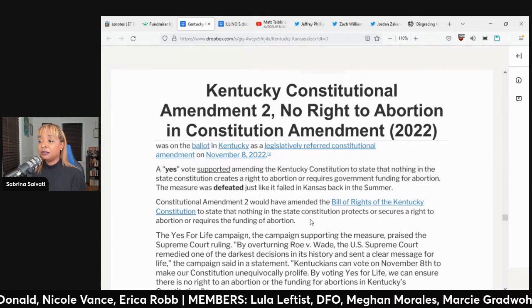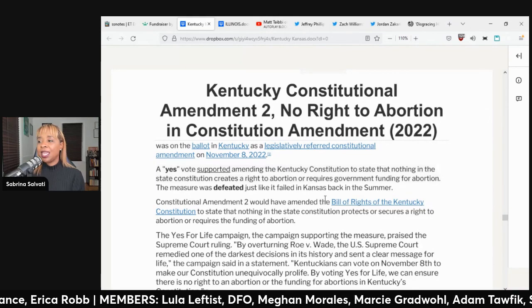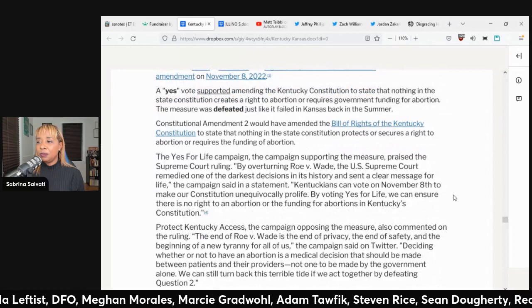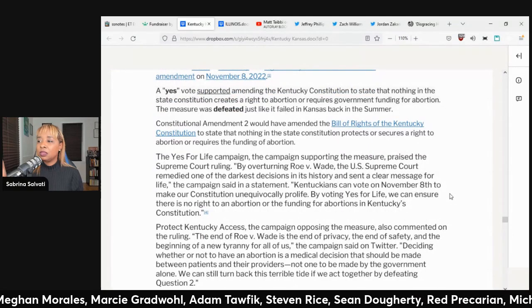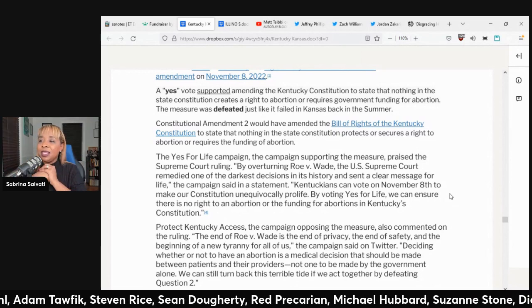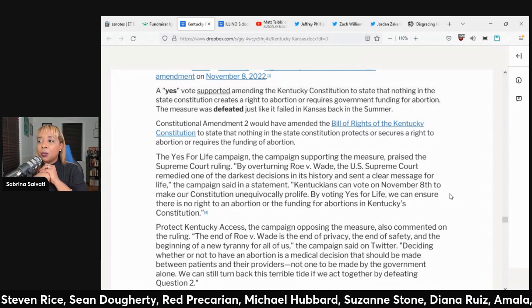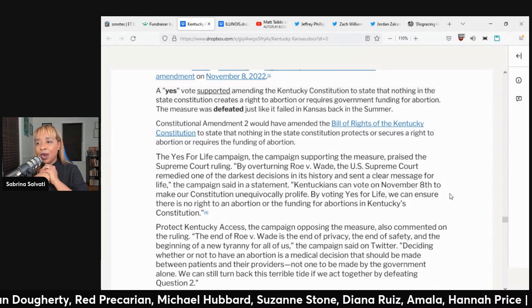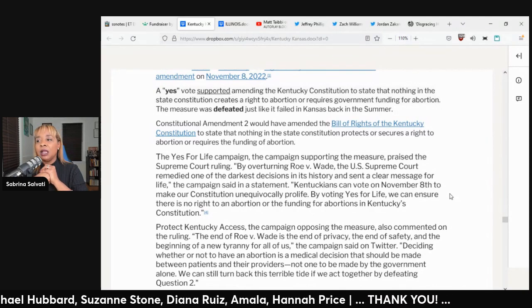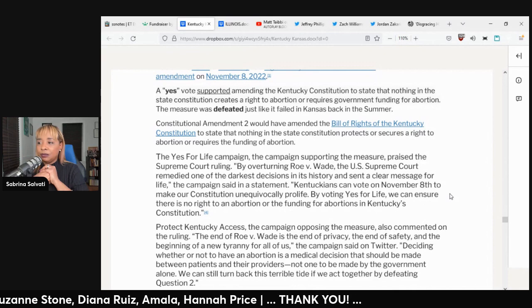This measure was defeated, just like it failed in Kansas back in the summer. Constitutional Amendment 2 would have amended the Bill of Rights of the Kentucky Constitution to state that nothing in the state constitution protects or secures a right to abortion or requires the funding of abortion.